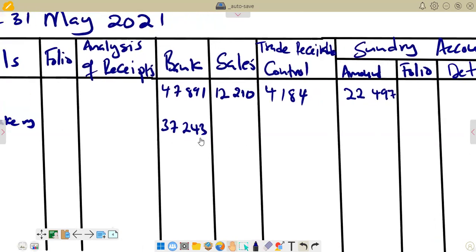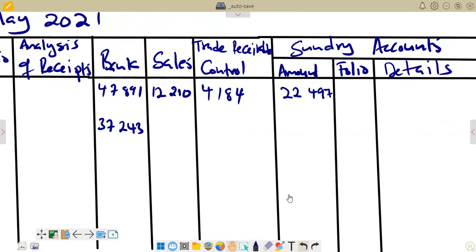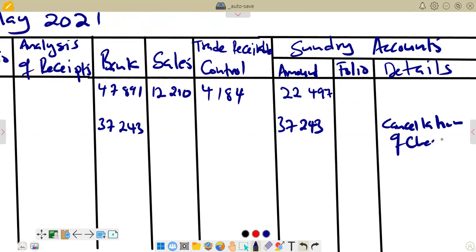So we put it here under sundry account, 37,243. Then on the details part under sundry accounts, this is a cancellation of check. So maybe I'll narrate it as a cancellation of check. So this is what we have.